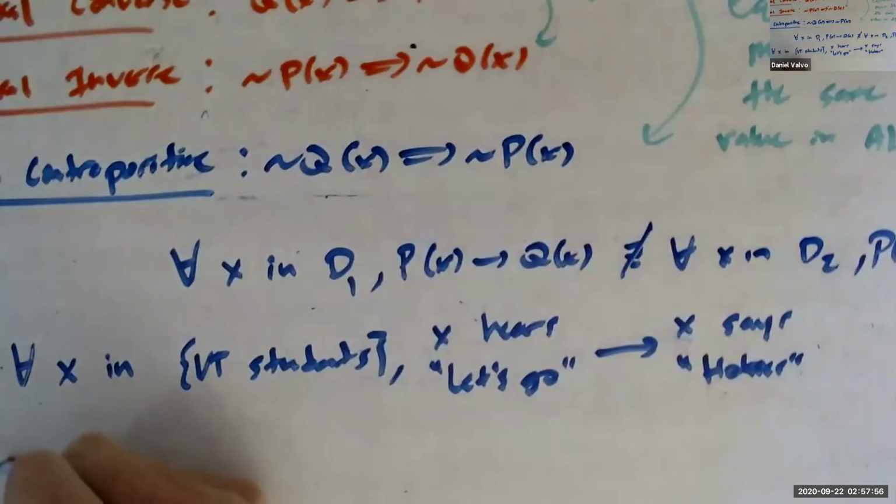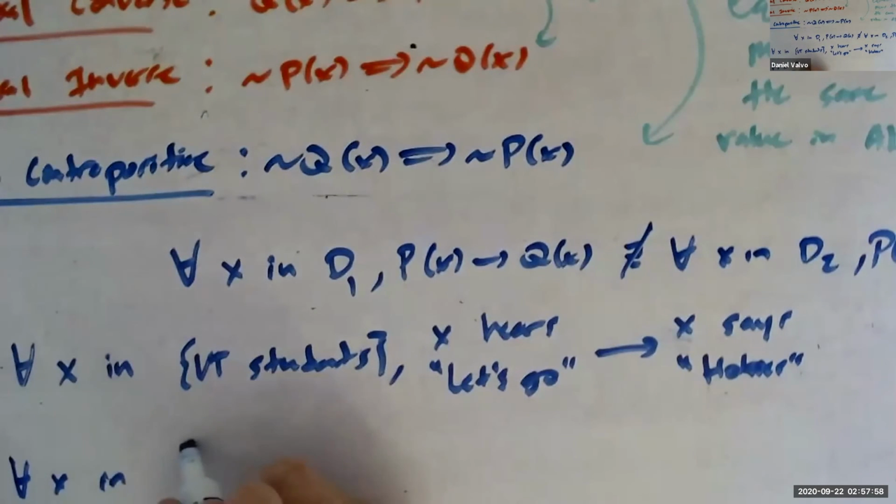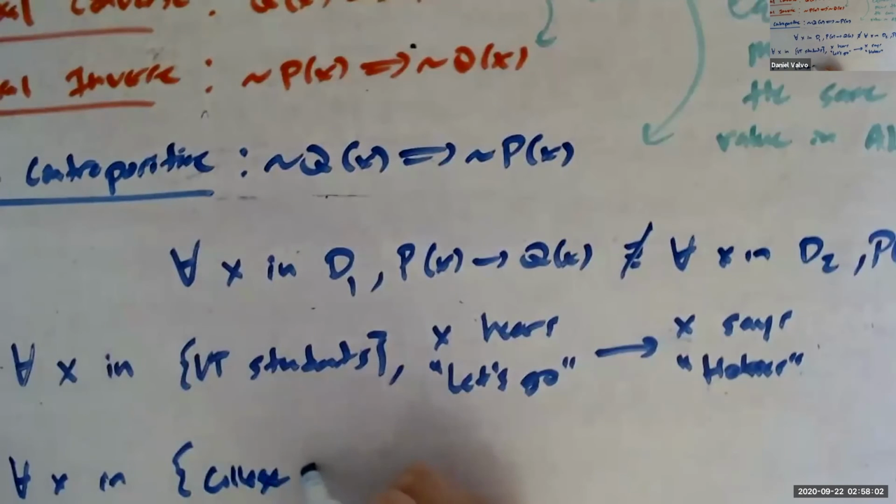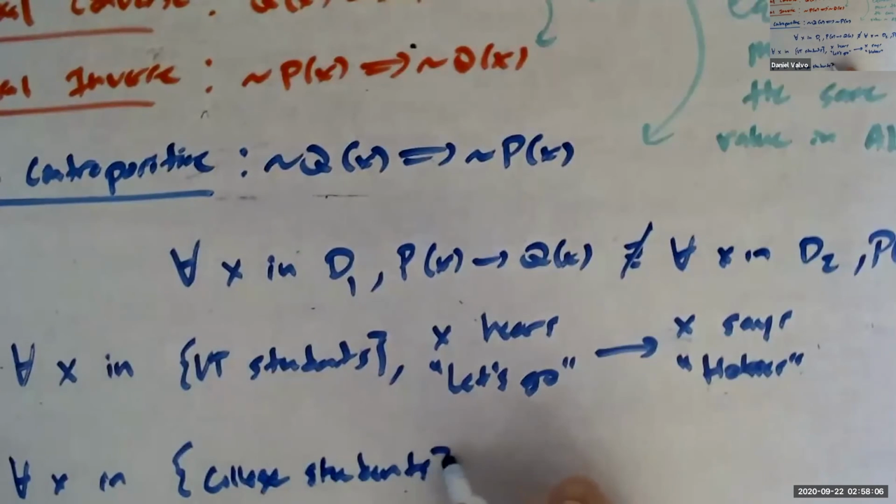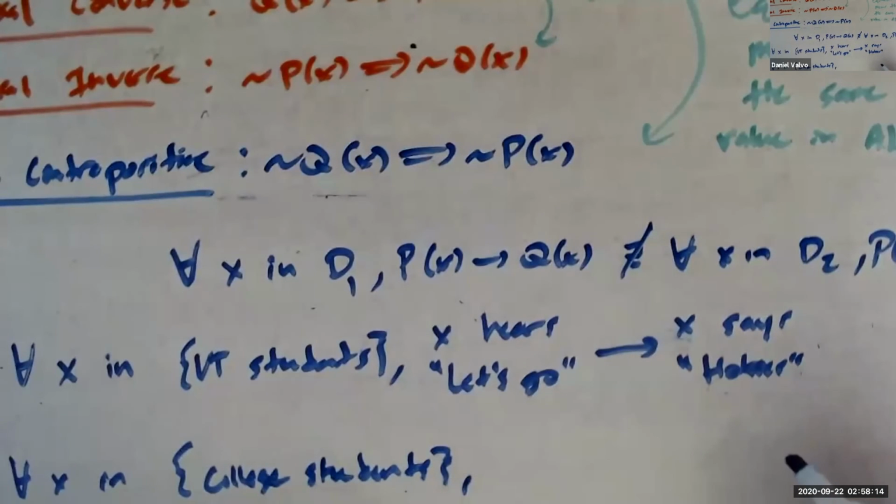But then let's look at for all X in college students. We don't know that if X hears let's go, they'll say Hokies. They probably won't for any general college student, especially if they're a UVA student or something like that. We don't have to talk about them.